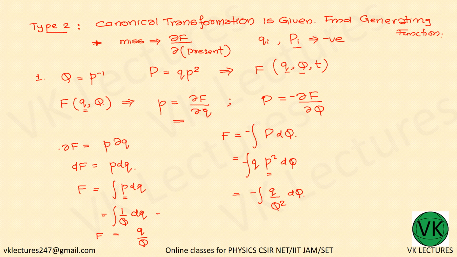So minus q times 1 by Q squared dq, that is nothing but minus, minus 1 by Q, so that gives us q by capital Q. So the generating function f is equal to small q by capital Q.